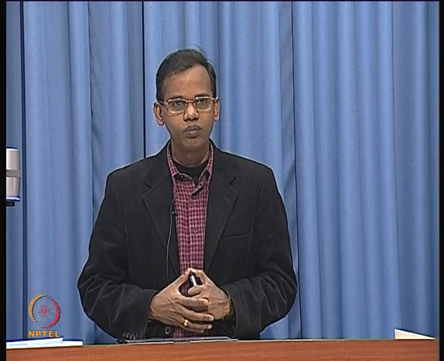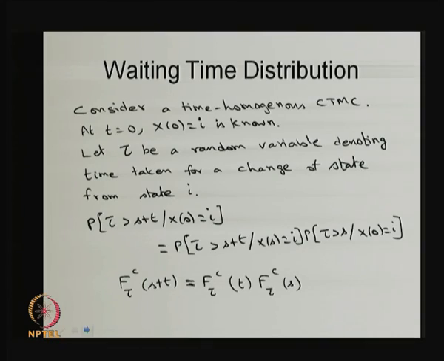So, what we got is that the complement CDF of the unknown random variable tau at the time point s plus t is the same as the product of the complement CDFs at the time points s and t. This is valid for all s and t greater than 0. So, we have to find which distribution satisfies this property.